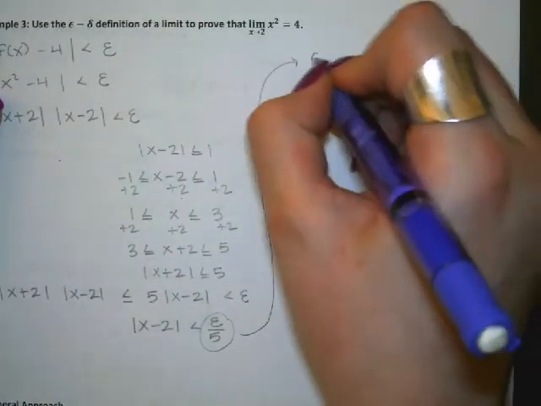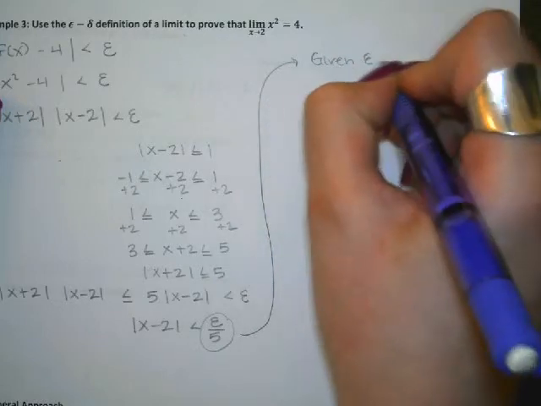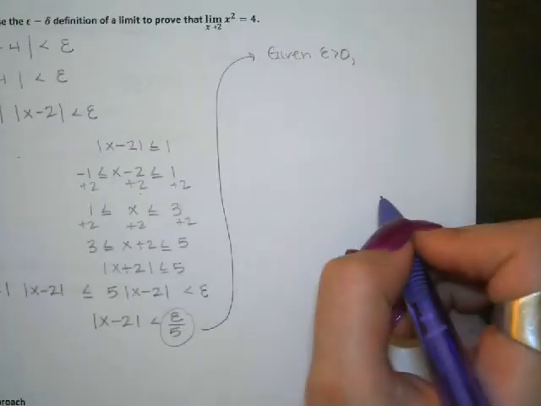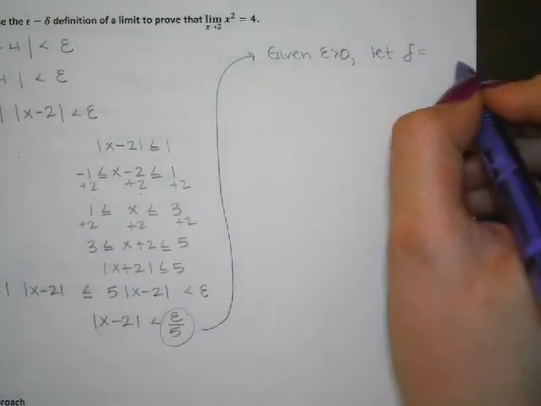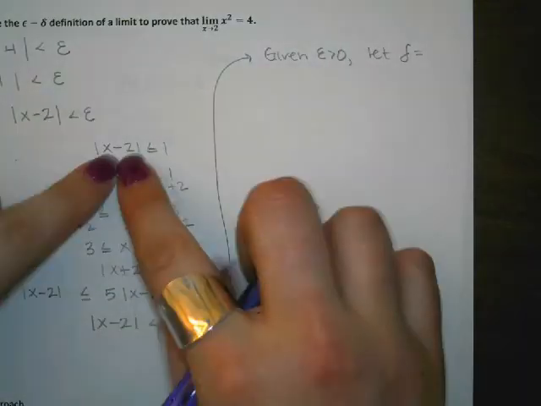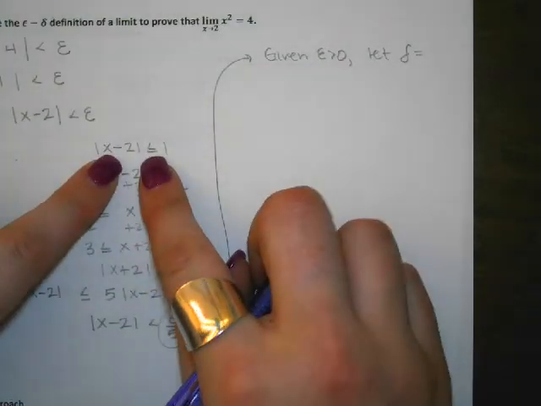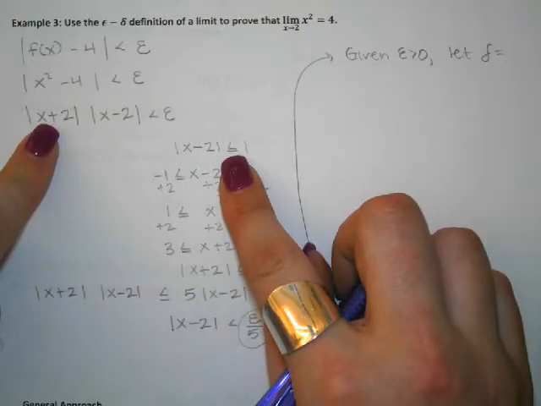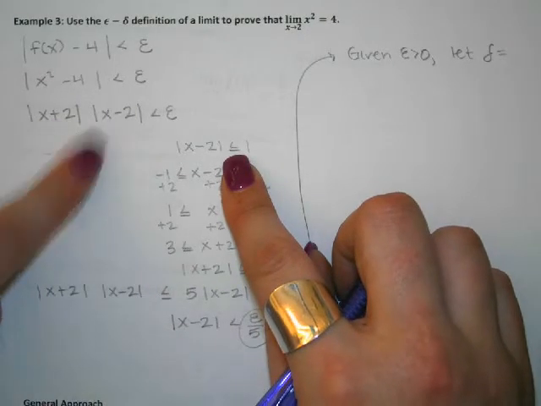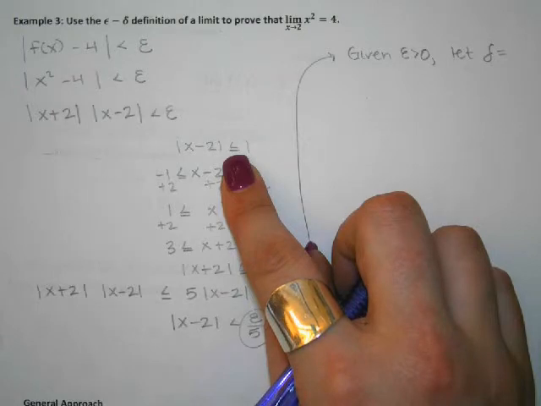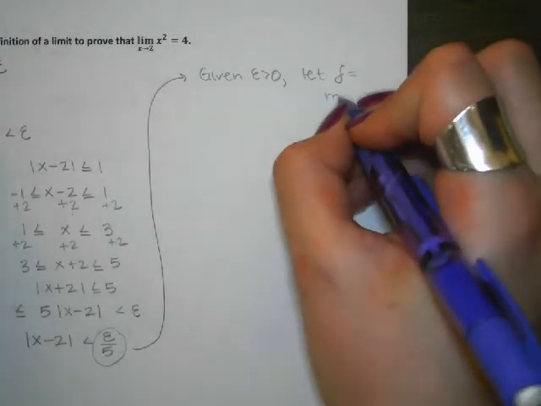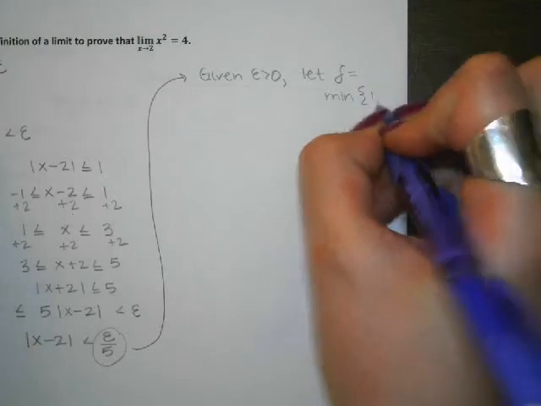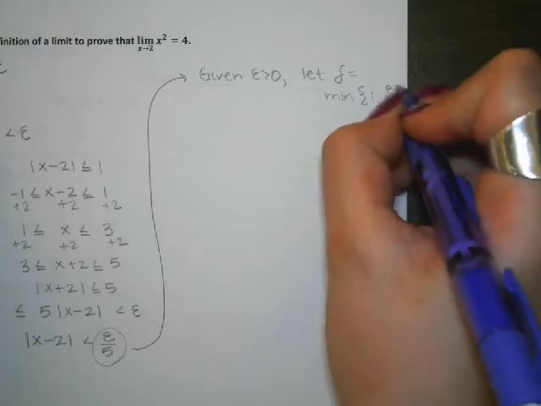And so I'm going to say, given epsilon is greater than 0, let delta equal... Anytime you do this step where you say x minus 2 is less than or equal to 1, which is basically anytime you have an extra x in your problem, it could be from factoring, or from a rational expression, maybe you have x plus 5 on top and x minus 2 on the bottom, anytime you have something extra like that, you're going to say let delta equal the minimum of 1 comma epsilon over 5.